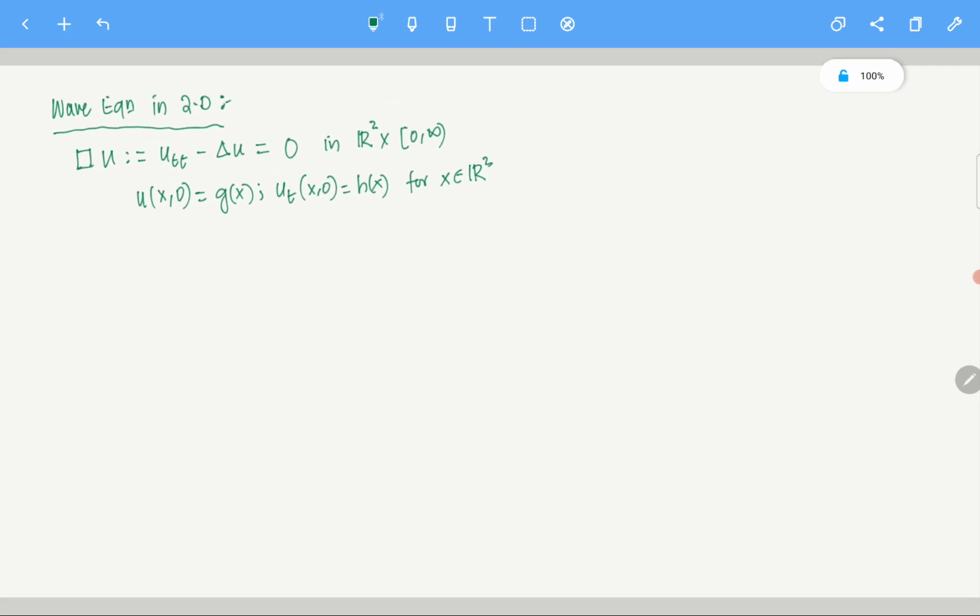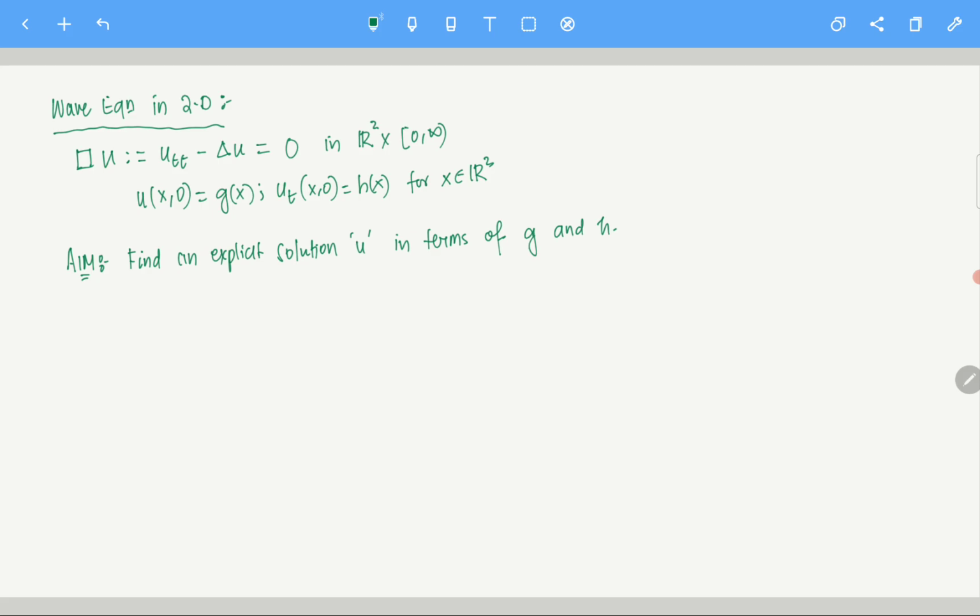Now the question which we want to discuss is this: our aim is to find an explicit solution u in terms of g and h, exactly like for n equals 3. Clear?